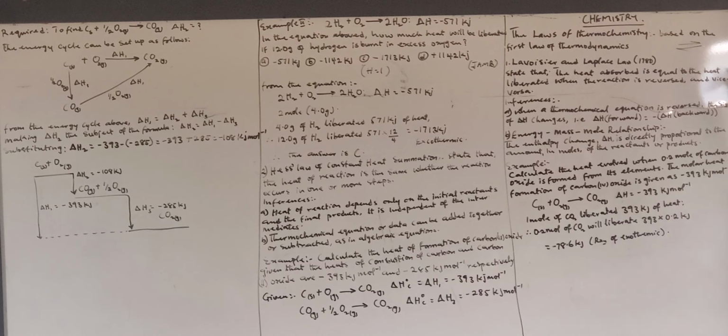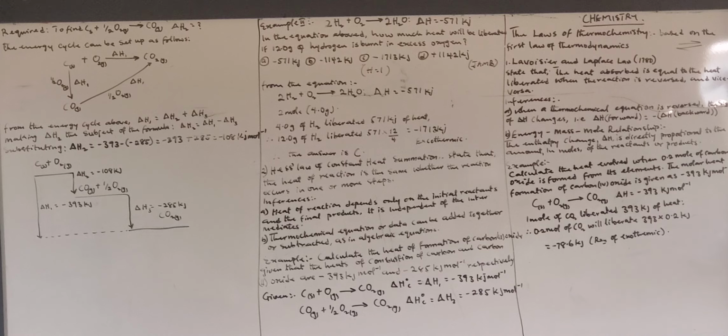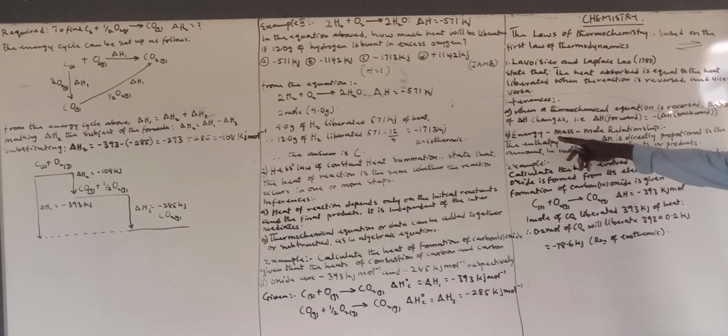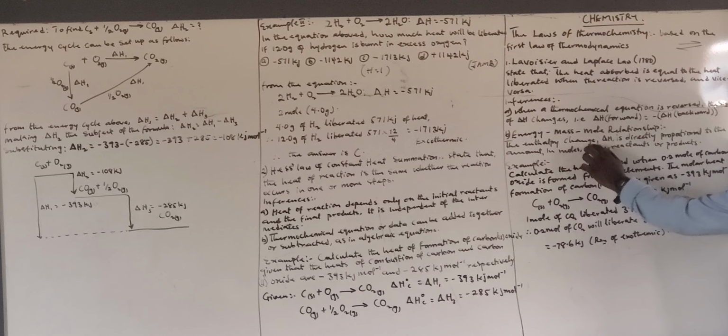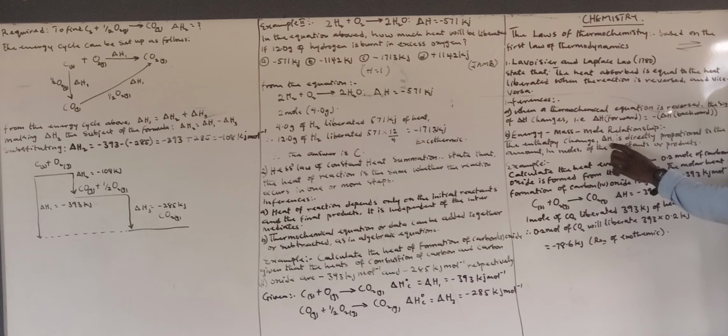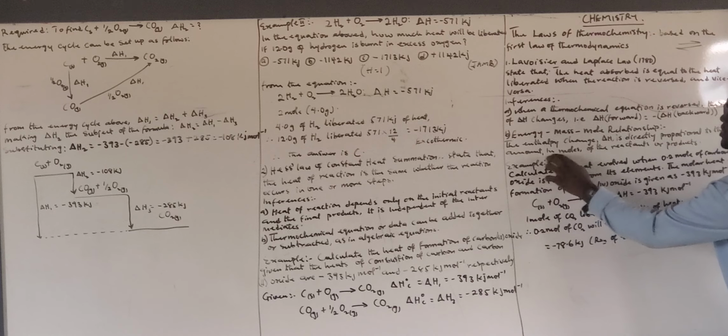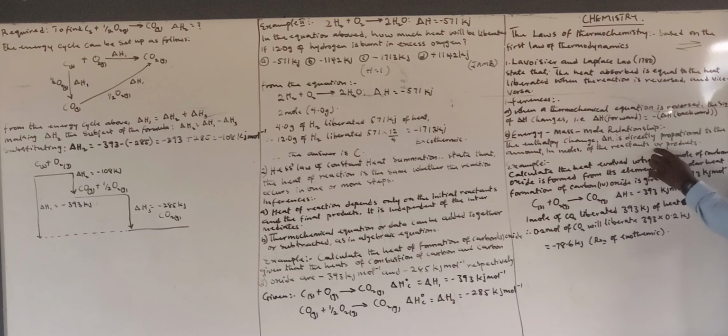This sign indicates that the reaction is vice versa. So now, therefore, we have the energy, mass, mole relationship. The enthalpy change, ΔH, is directly proportional to the amount in moles of the reactants or products.